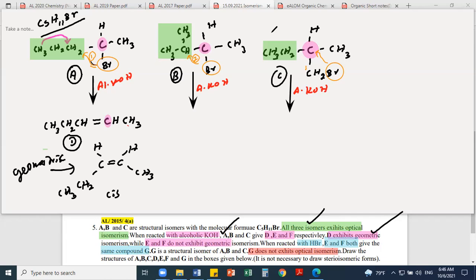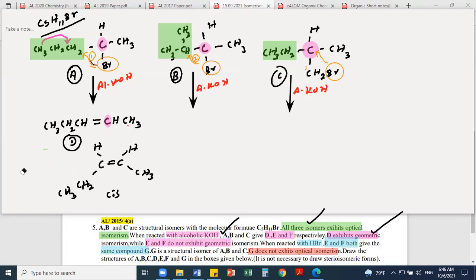Then they can ask optical, geometric, everything, cis-trans, and then structural isomers. So the isomerism part, the entire flow diagram, they can test from one question in the structure essay. Because it's compulsory, whether you like it or not, you have to do it, that's why.